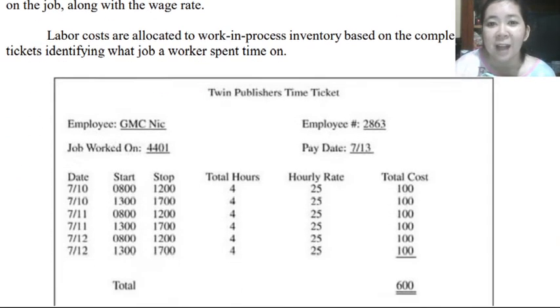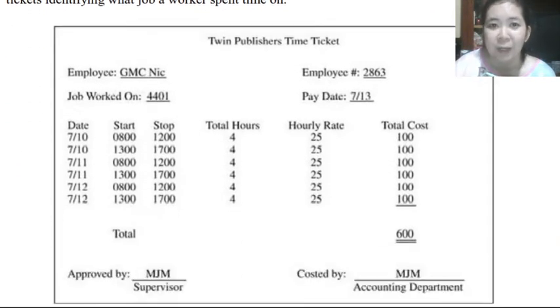So we have here an example of our time ticket. In this time ticket, it reflects the name of the employee or worker, their number, the job that they work on, the pay date, and the date, as well as the starting time and the completion time for that specific day in working for the job.